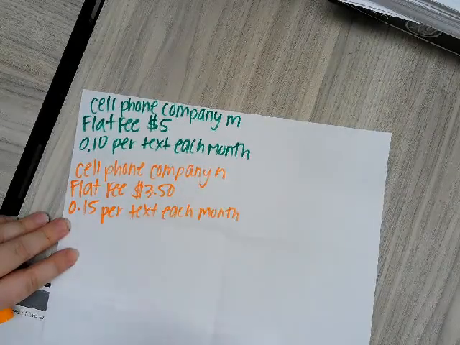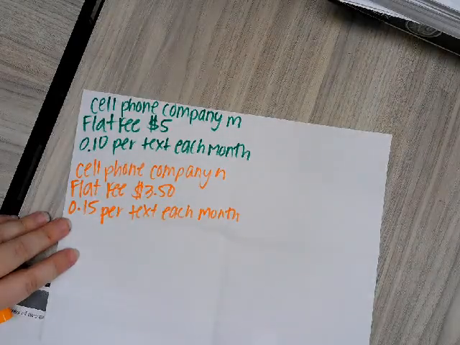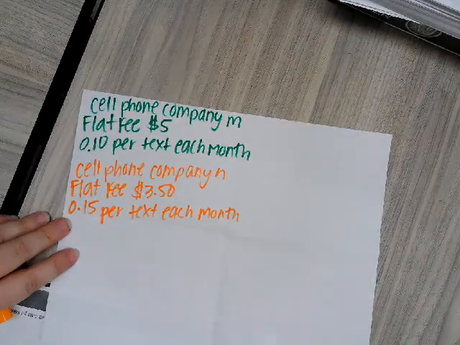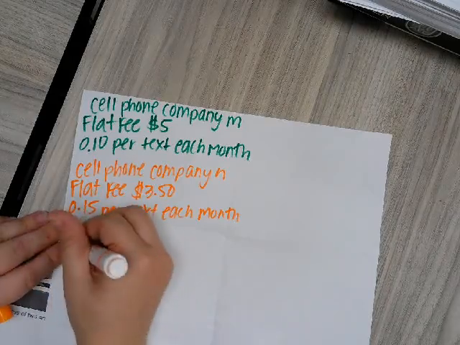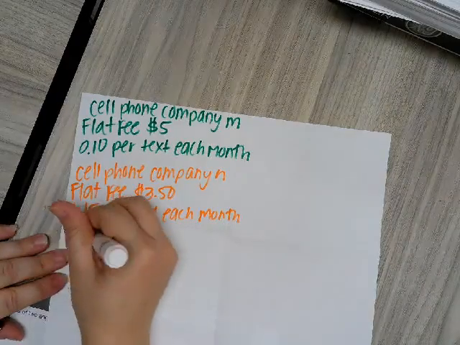How many texts must be sent for the total cost of the cell phone company M and N to be the same? So we know that all of this is the same. When we see that it's the same, we know that that's going to be an equation.